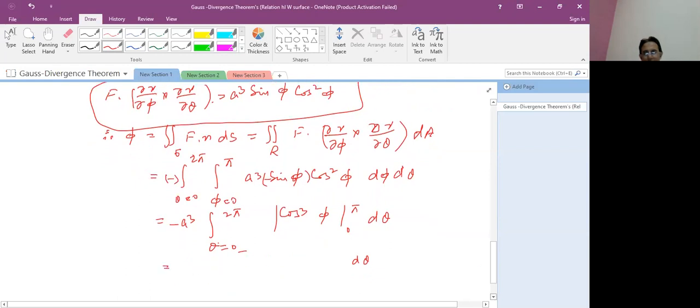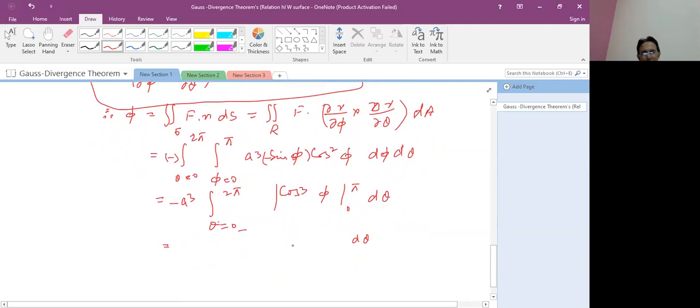So student, the answer is minus 1 into d theta from 0 to 2 pi. So when we add both of them, minus 2 minus minus, plus 2 times a cube, integral of theta from 0 to 2 pi.